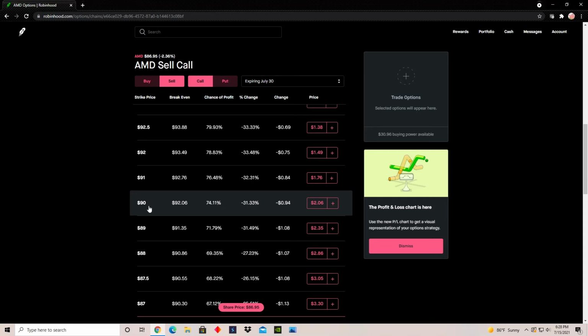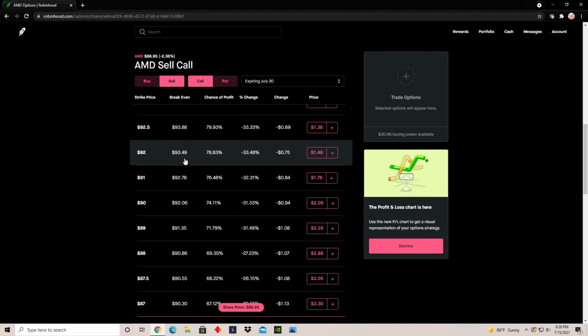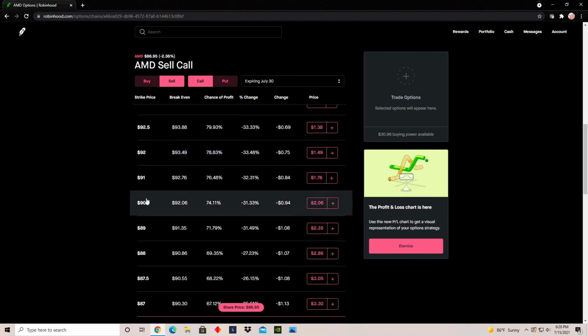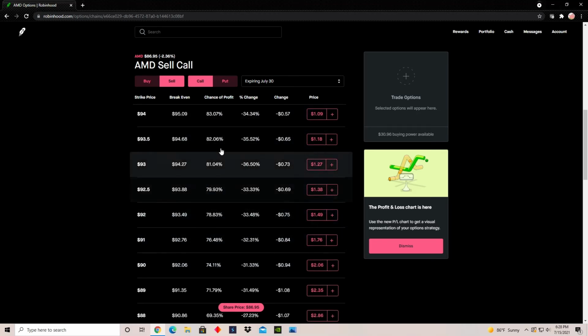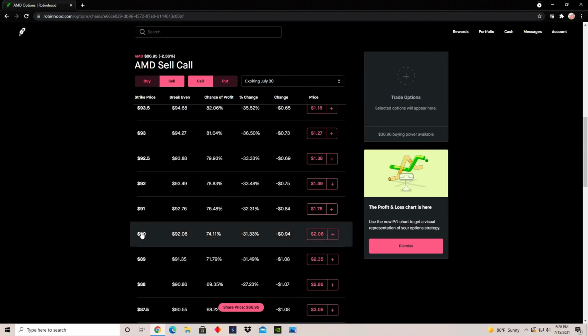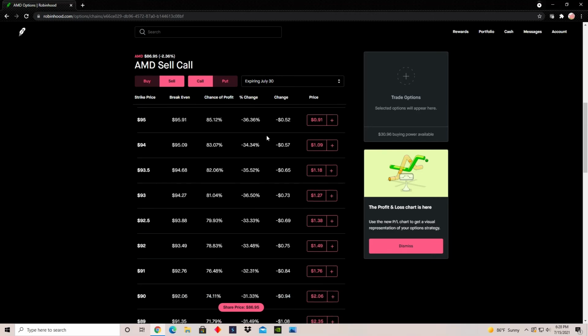And how this works is, it's basically a win for you, and it's a win for the person who you sold the call option to, because they essentially bought the right to buy AMD at $90 per share and then sell it immediately at whatever the current share price is. Ideally, it would be higher than the strike price of the options contract, because that's how they would make money. They would buy it low and then they would sell it high.